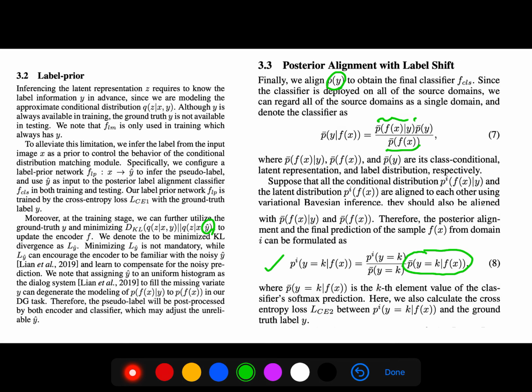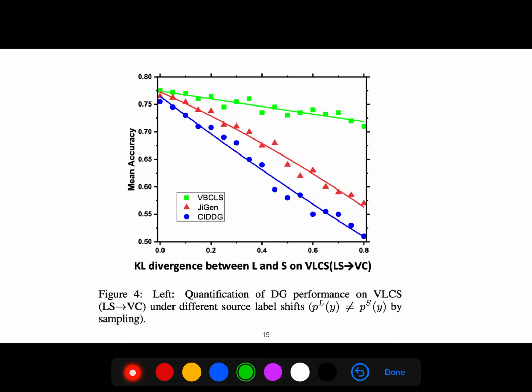And this term is the k-th element value of the classifier's softmax prediction. So you see the KL divergence between L and S. When we go from this source to this target, the accuracy drops when the KL divergence between them increases.